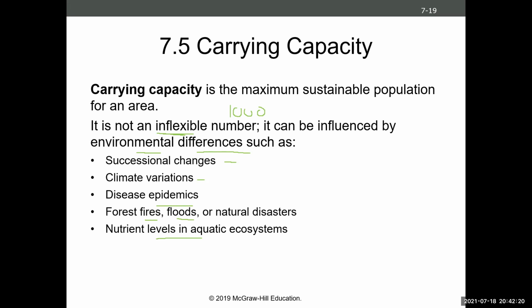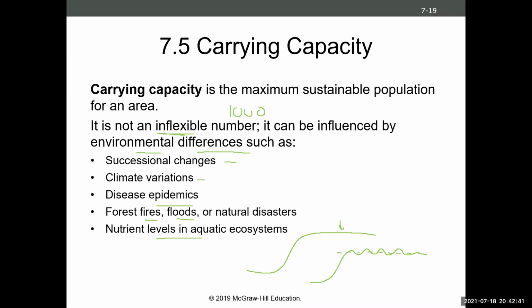And so instead of seeing this typical curve where the stable limit is flat, what you typically see is some sort of oscillation around the carrying capacity, right? And you can get an average carrying capacity.